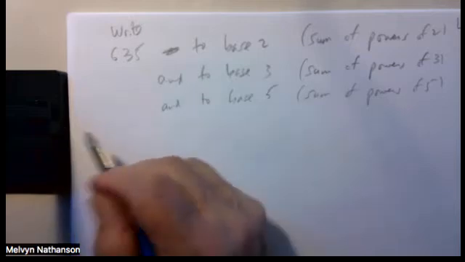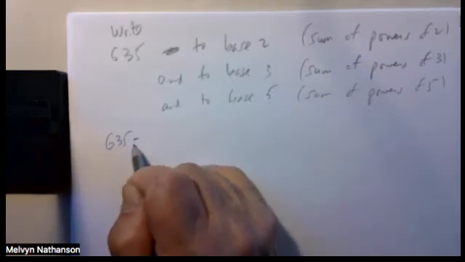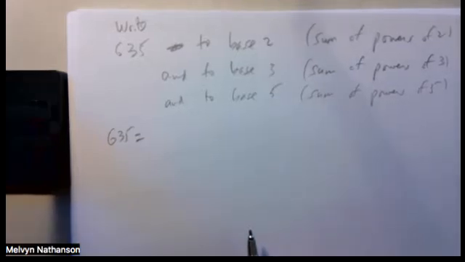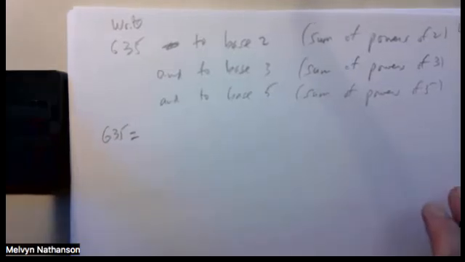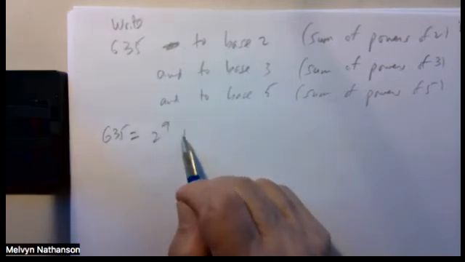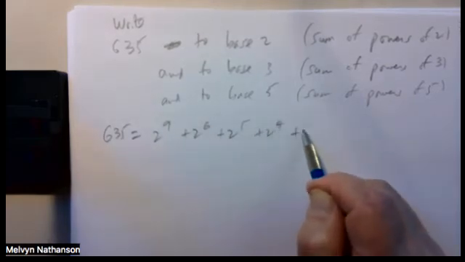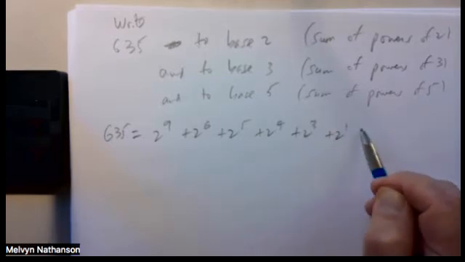Success? Let's see. How do we write 635 as a sum of powers of 2? Can someone tell me? I got 2 to the 9th plus 2 to the 6th plus 2 to the 5th plus 2 to the 4th plus 2 to the 3rd plus 2 to the 1st plus 2 to the 0.